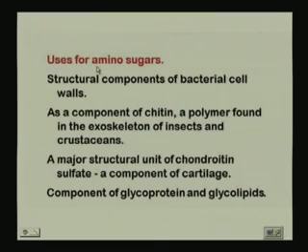Now, the uses for these amino sugars actually are for the structural components of bacterial cell walls, where again we looked at the NAG and the NAM. As a component of chitin, which is a polymer found in the exoskeleton of insects and crustaceans. Okay? So, this is another amino sugar.